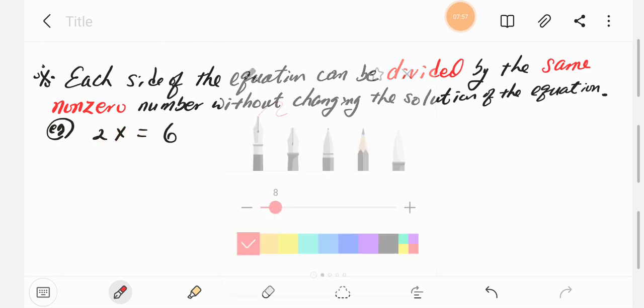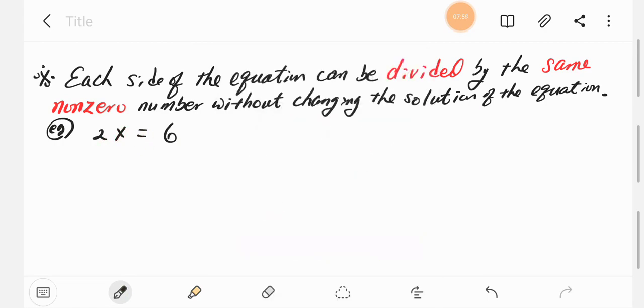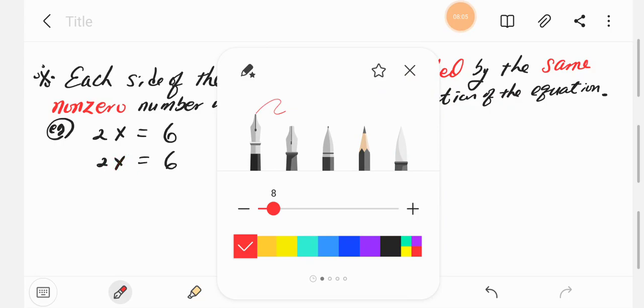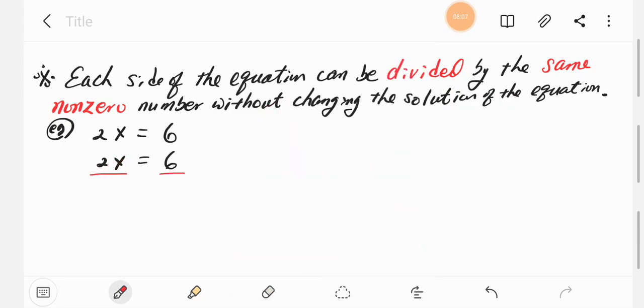Okay, you can divide, by this property. You can divide each side by what? By 2. We want to find x, so the result has to be x equals something. The left side is a product, 2 times x.